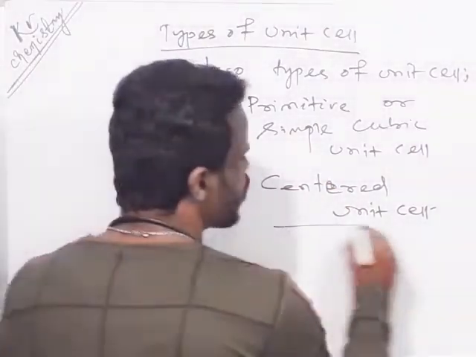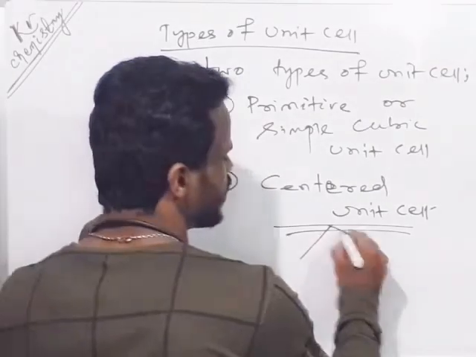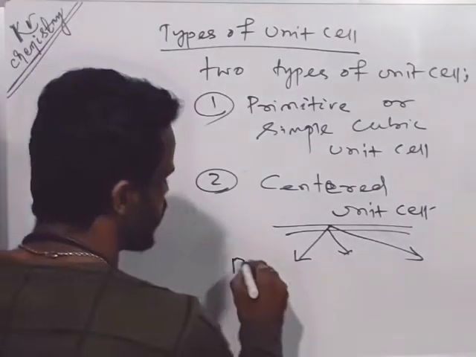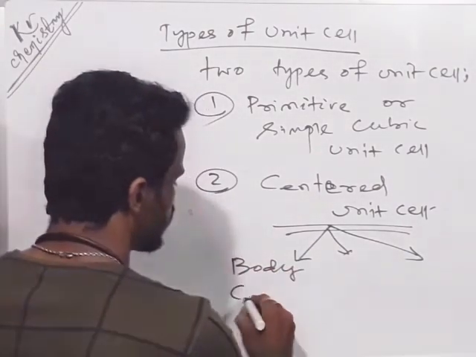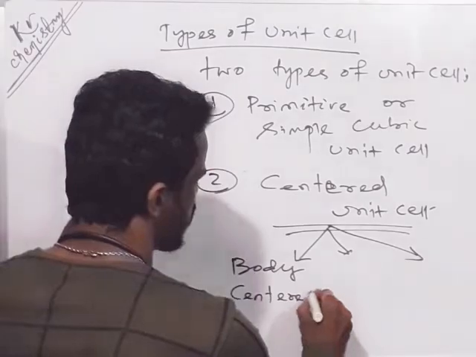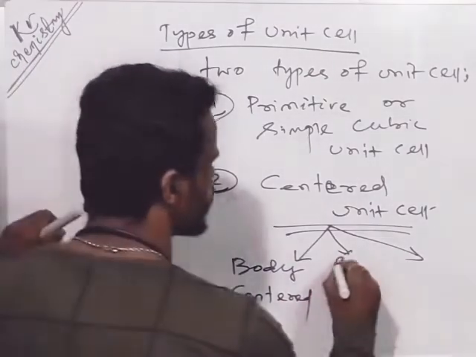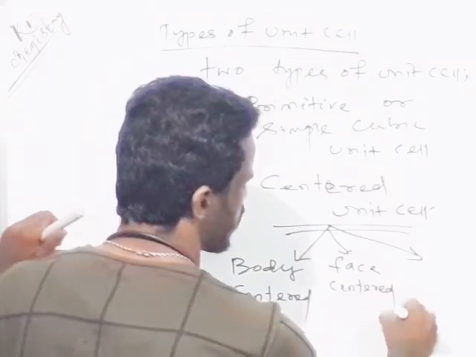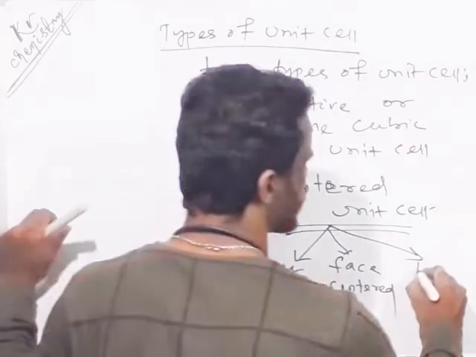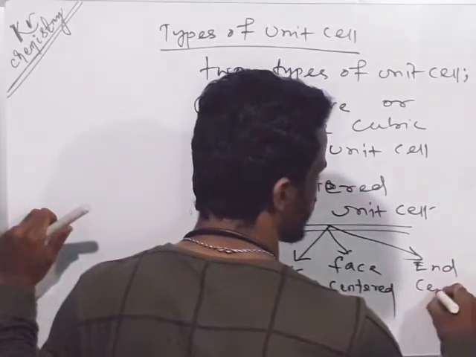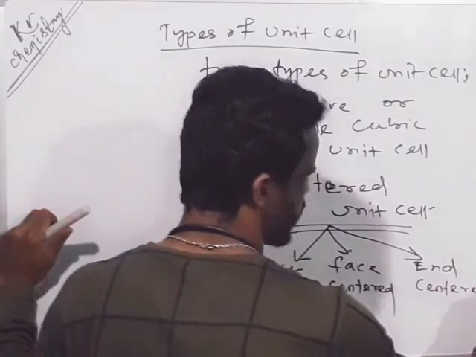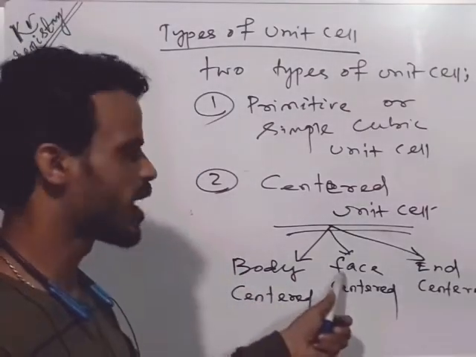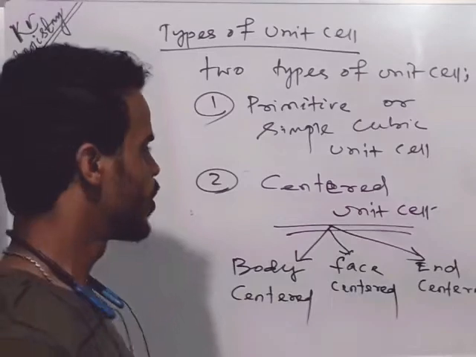Now this centered unit cell is again divided into three types. One is body centered, the second one is face centered, and the third one is end centered. These three types of centered unit cell are found.